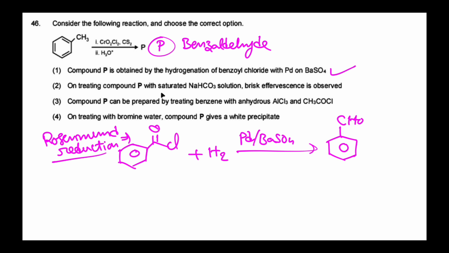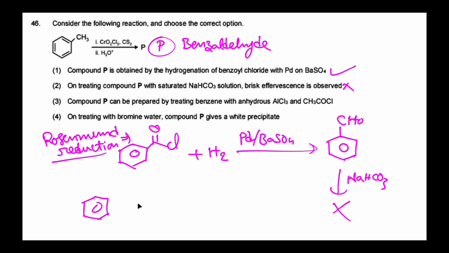On treating compound P with saturated NaHCO3 solution, brisk effervescence will be given. Actually, when benzaldehyde reacts with sodium bicarbonate, no brisk effervescence will form. So this is a wrong option. Next, compound P can be prepared by treating benzene with anhydrous AlCl3 and acetyl chloride, a Friedel-Crafts acylation reaction.